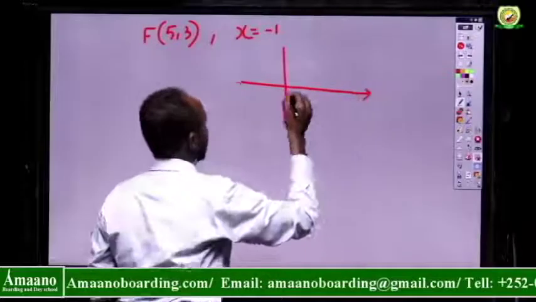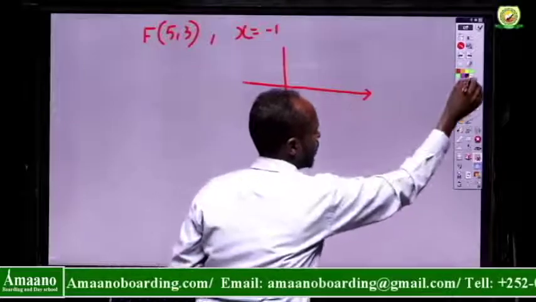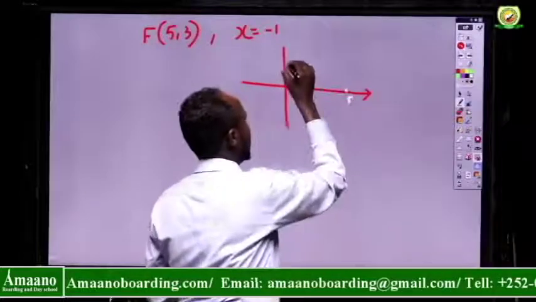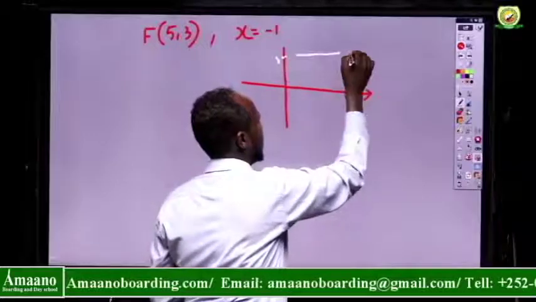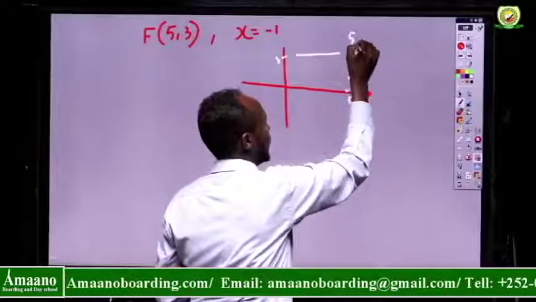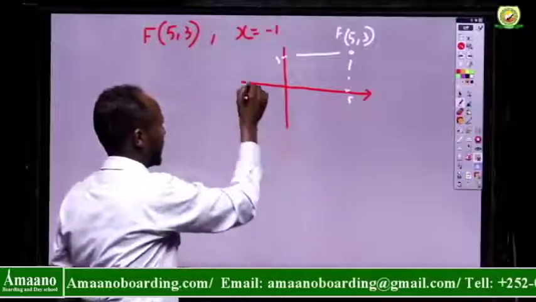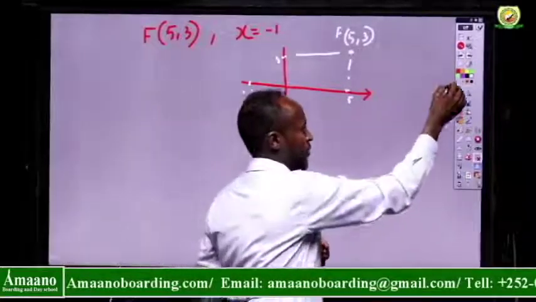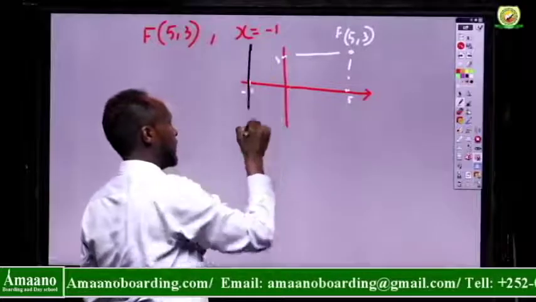The focus is (5, 3). If here is 5 and this point is 3, move up. It is here, (5, 3). That is the focus. As our directrix is -1, it passes through here. That's the directrix.